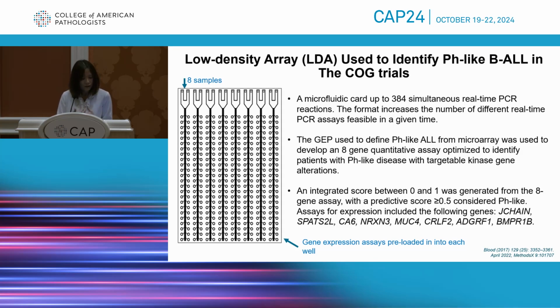These 8 genes include, as you can see at the bottom, the J-chain, SPATS2L, CA6, CRLF2, ADGRF1, and BMPR1B. And then they come up with an integrated score between 0 and 1. If you have a predictive score equal to or larger than 0.5, that would be considered as Philadelphia-like for the COG trial. So that was Philadelphia-like B-ALL.